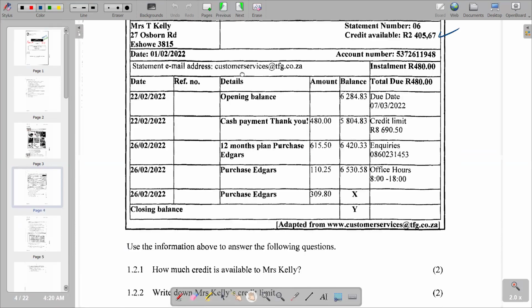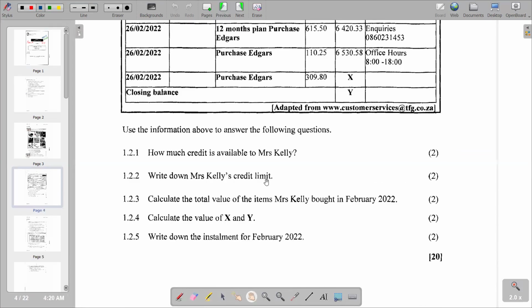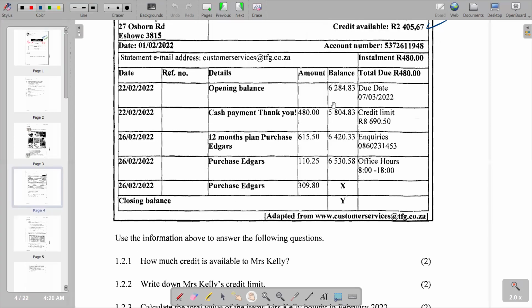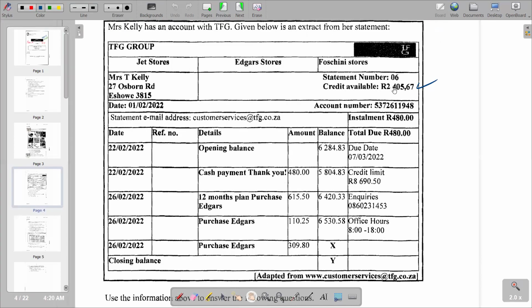It reads, write down Mr. Kelly's credit limit. So credit limits, obviously, we have credit available, 2,405 rand 67 cents plus what is already been purchased. And remember, this credit balance we are given it on this date, that is at the beginning of February, that is 1 February 2022.